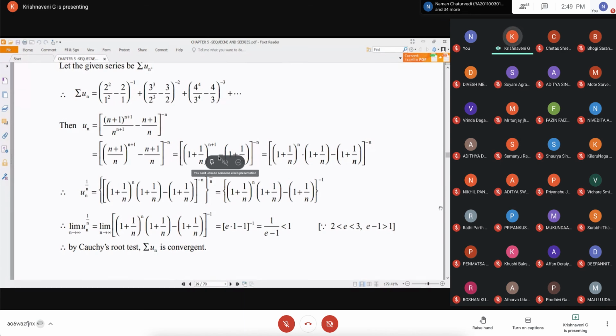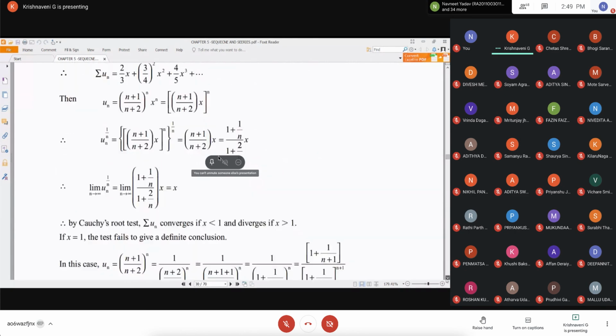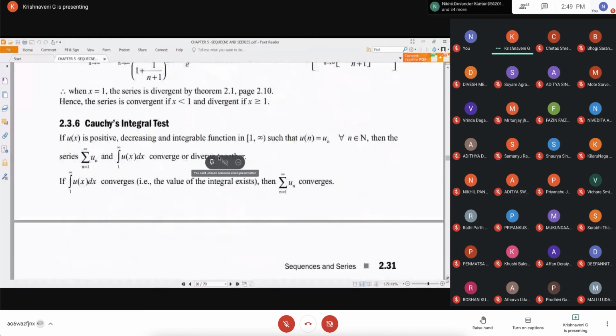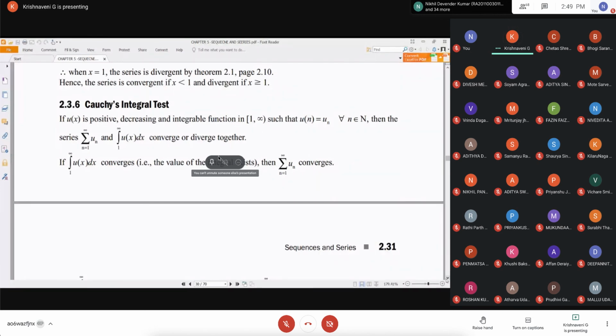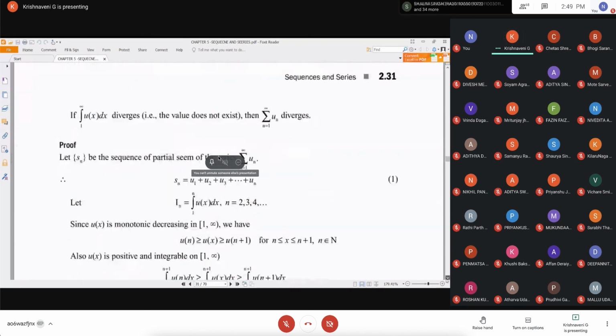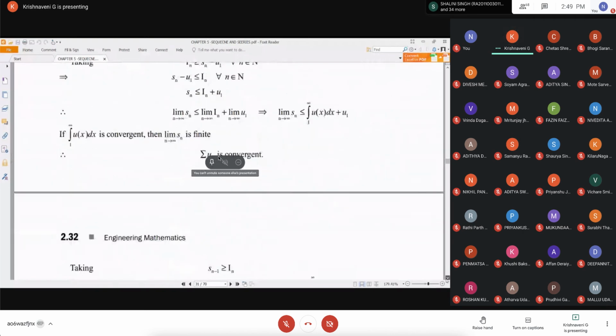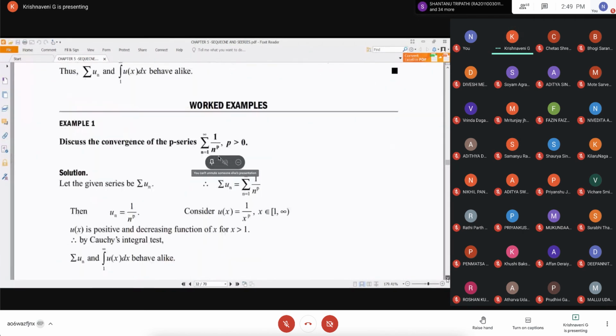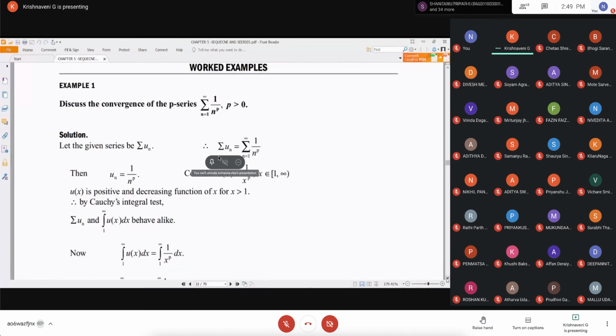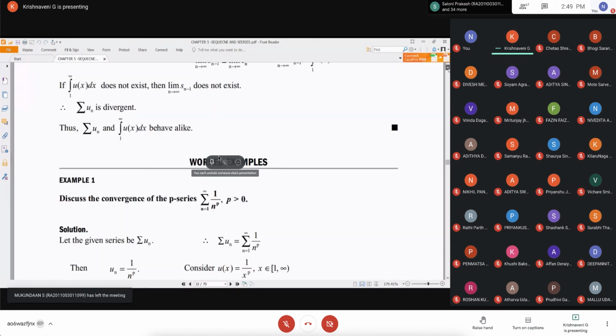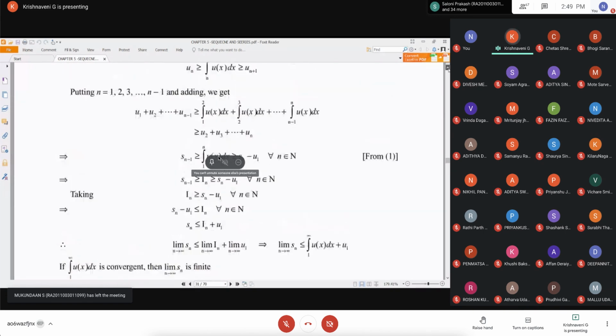Okay. Cauchy's integral test. Okay, guys, first you write the statement.